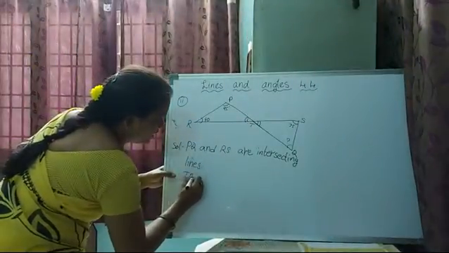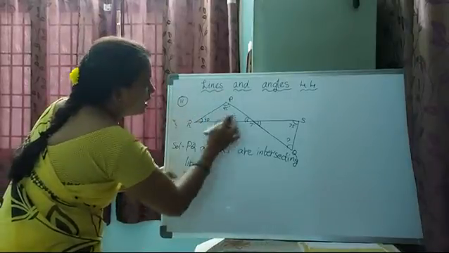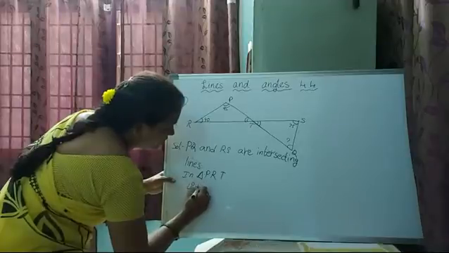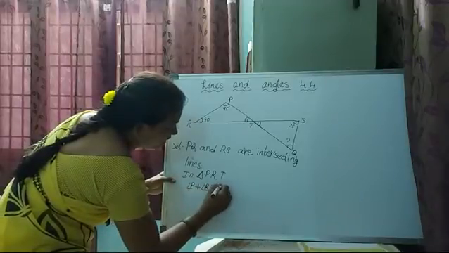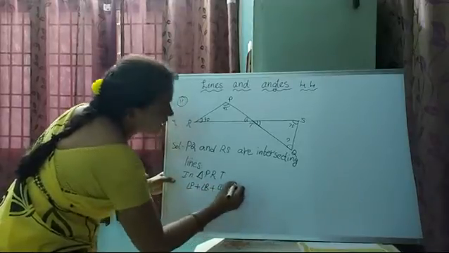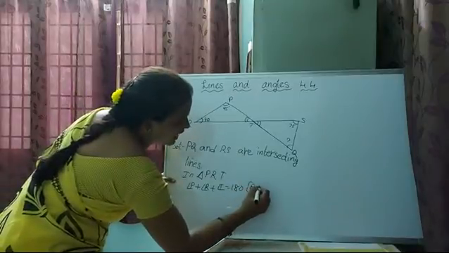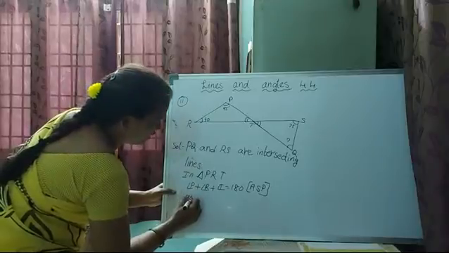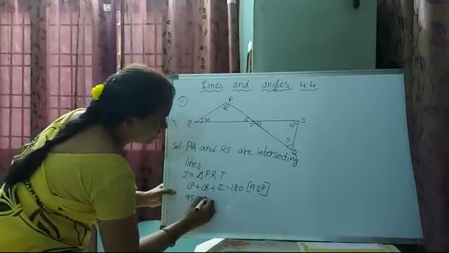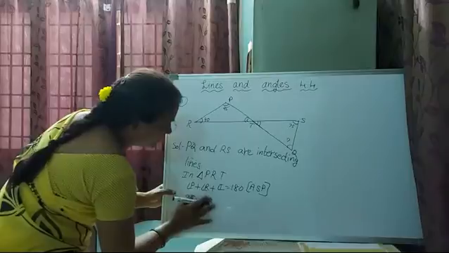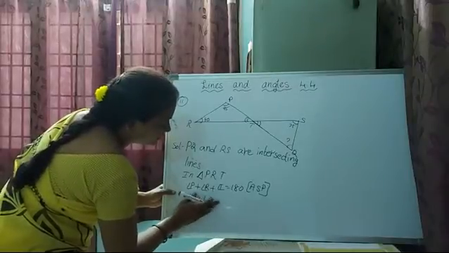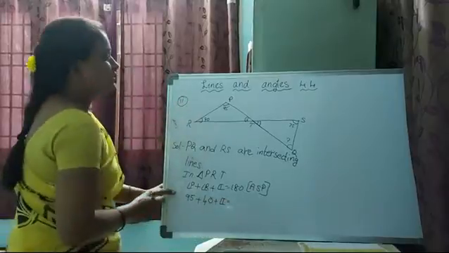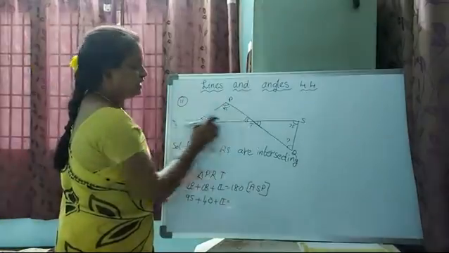In triangle PRT, angle P plus angle R plus angle T is equal to 180 according to the angle sum property. Now angle P is 95 degrees plus angle R is 40 degrees. Angle T we don't know, that is PTR.